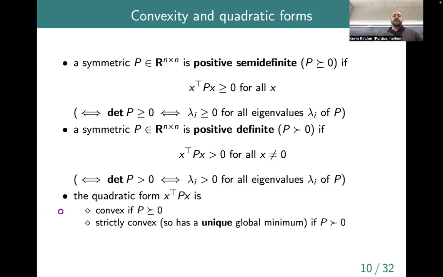Okay, so getting back to convexity of the quadratic form, if the weight matrix P is positive semi-definite, then the quadratic form is a convex function of x. And if it's positive definite, then we have a strictly convex function of x, meaning that the minimizer of the quadratic function is unique. There aren't multiple solutions, there's just one.